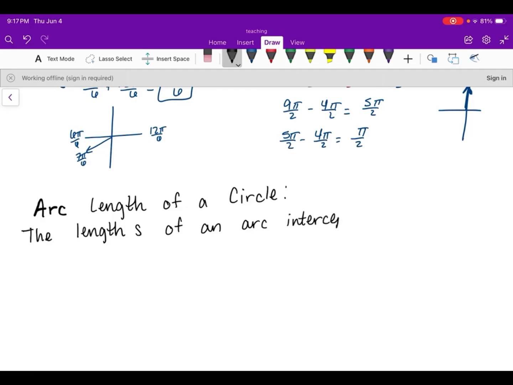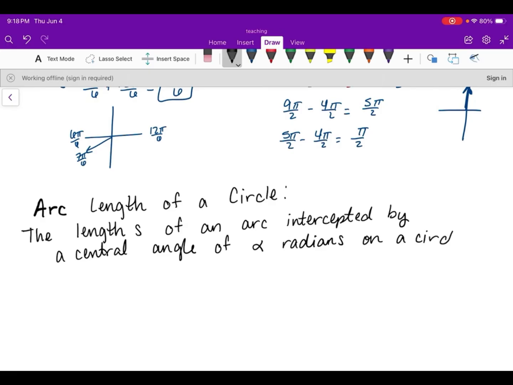This says the length S of an arc intercepted by a central angle of alpha radians on a circle of radius r is, and my equation here is S equals alpha times r.